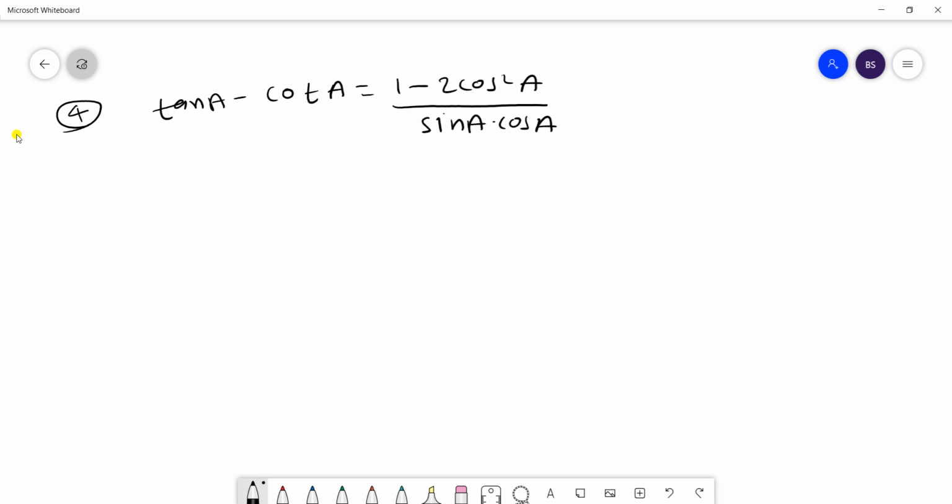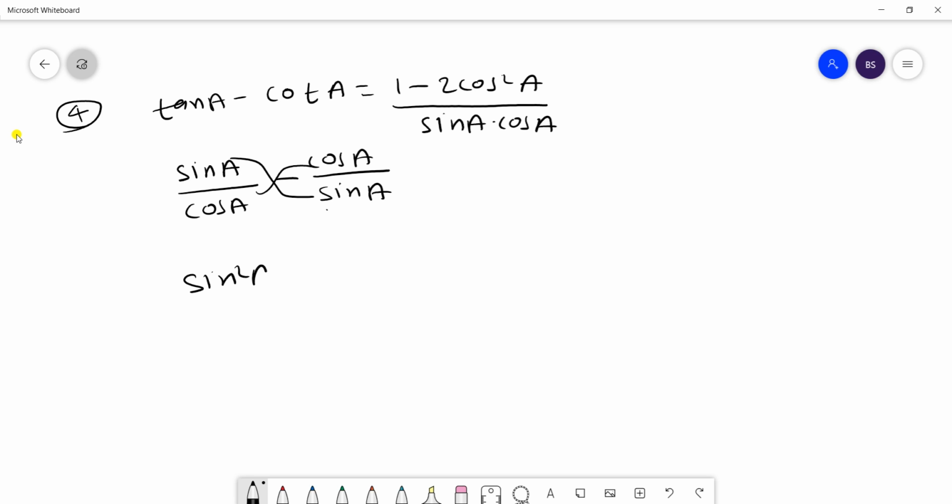Okay, so I will write here sin a divided by cos a minus cos a divided by sin a. Now I will take the LCM, so this sin a will go here and this cos a will come here. I will multiply, simply sin square a minus cos square a divided by sin a into cos a.